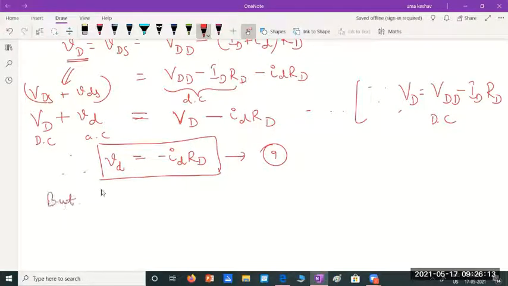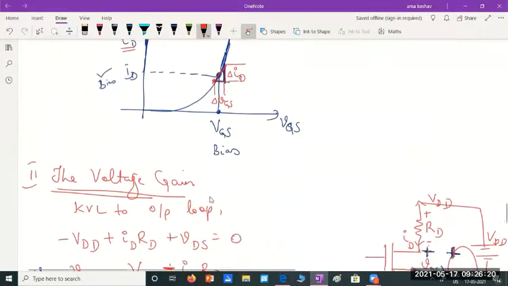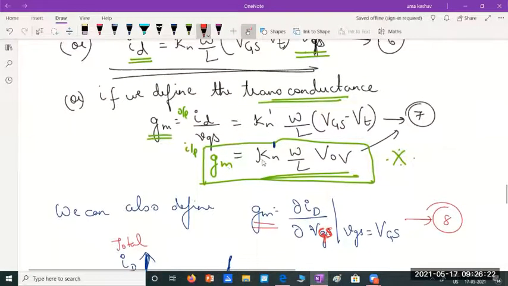But from equation 7 or equation 8, anything you can consider here. Looking at GM is equal to id by vgs, what is this small signal id? id can be written as GM into vgs.